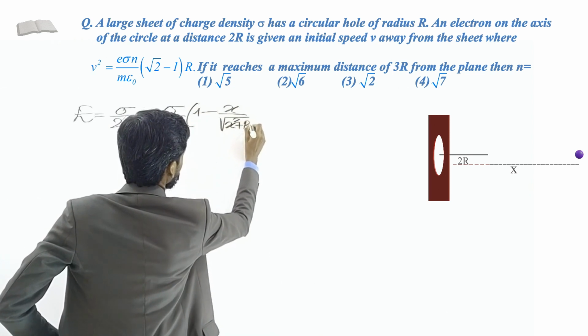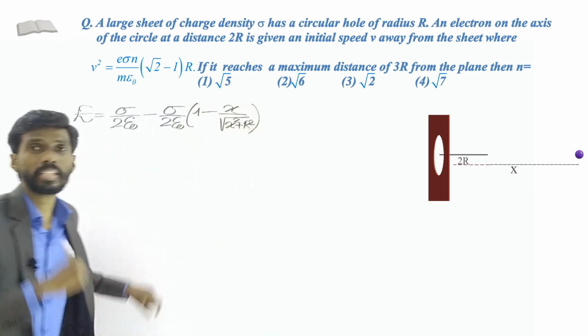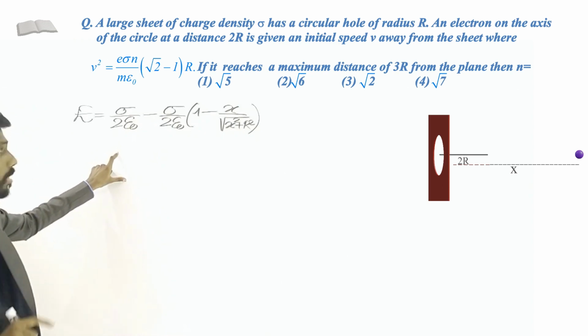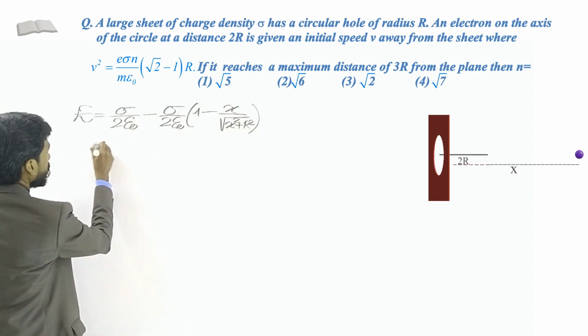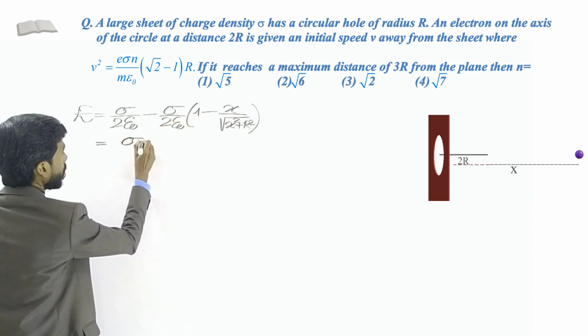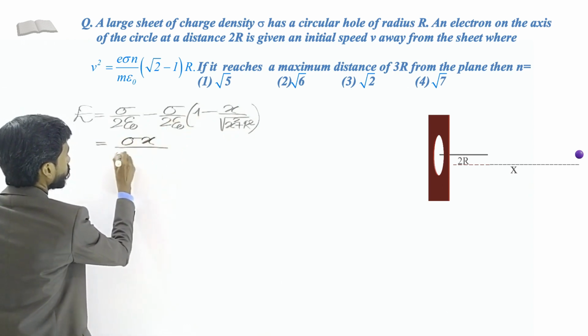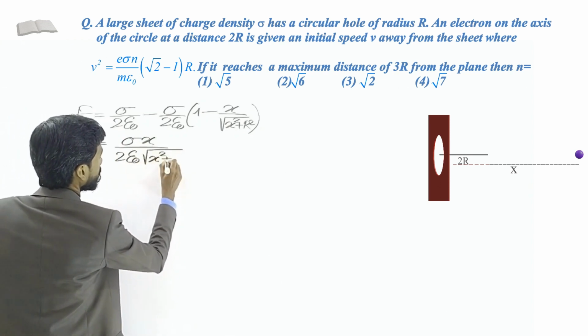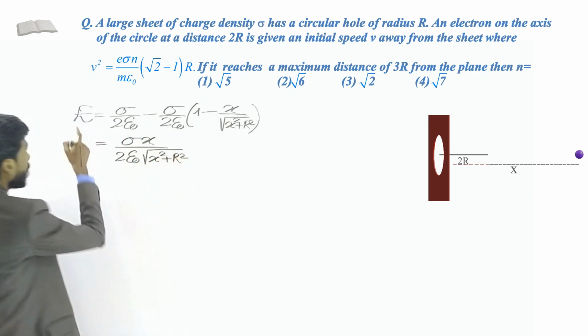So that is removed from the total electric field. Now let us simplify this. This value gets cancelled, so that becomes simply sigma x divided by 2 epsilon 0 multiplied by root of x squared plus r squared. So that is the electric field.